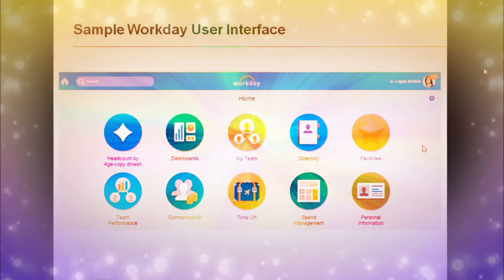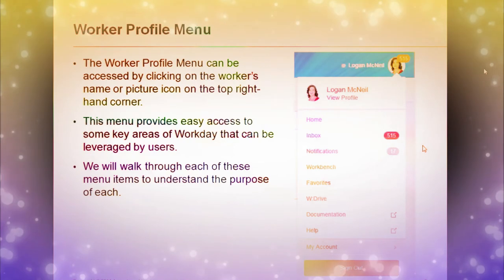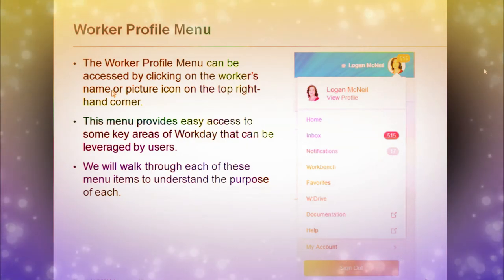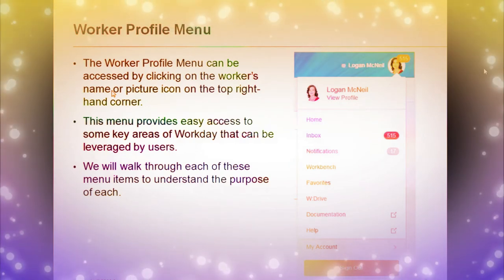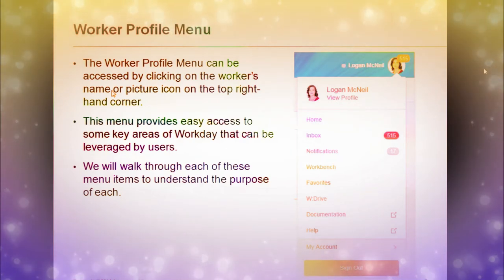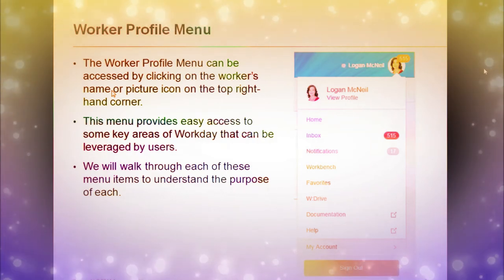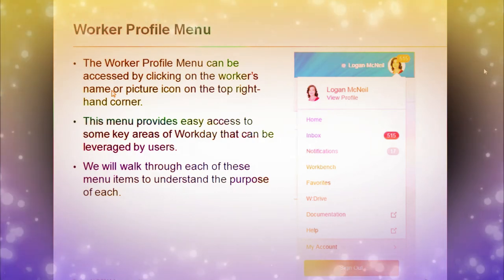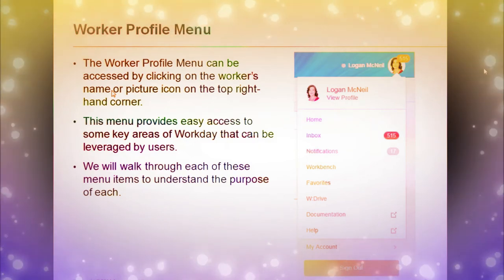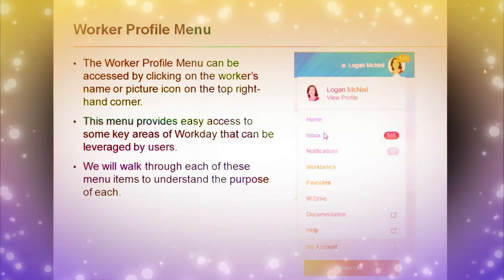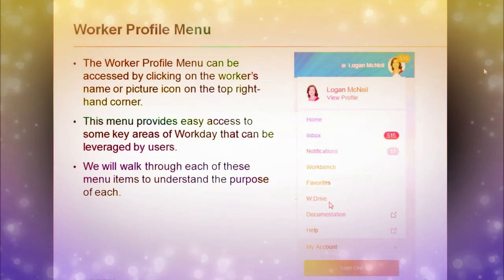I get the information I need. So that is what is given here. The profile menu can be accessed by clicking on the worker's name or picture icon on the top right hand corner. So I click either the name or the profile picture, and you can see the information, the actionable items, the reports, whatever I call it, everything I can have.